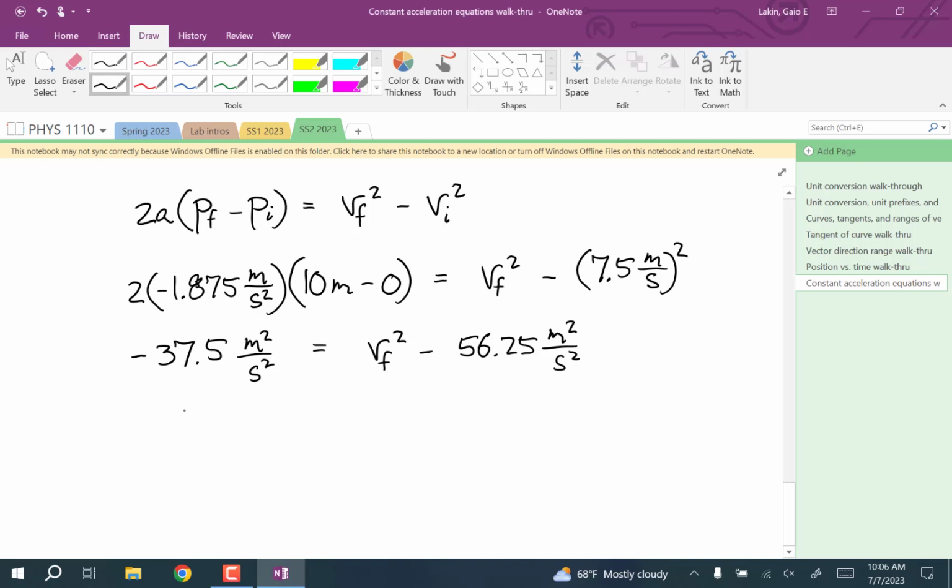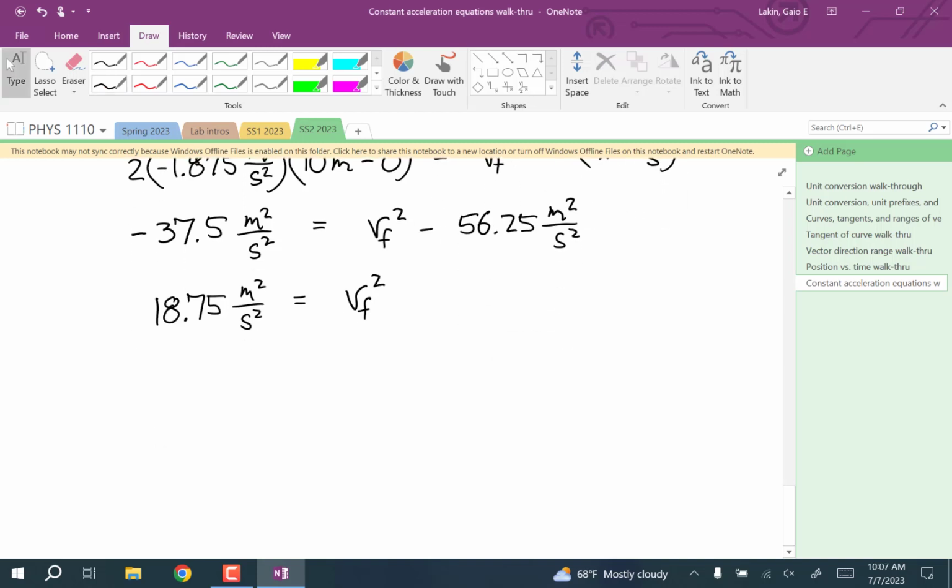And you get that positive 18.75 meters squared per second squared is equal to Vf squared. And now the last step is just taking the square root of both sides.